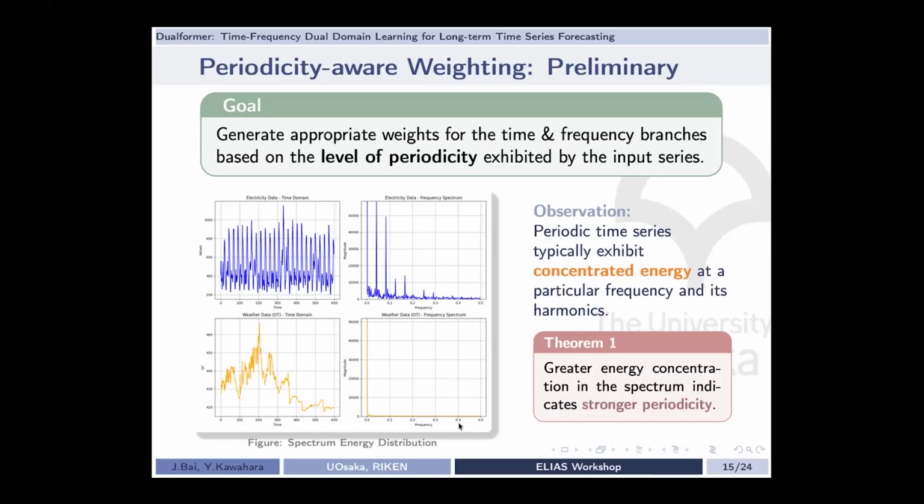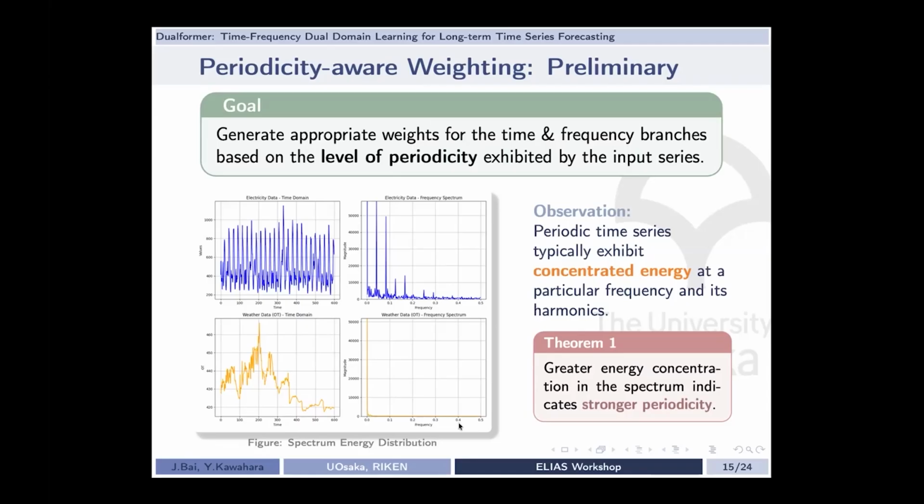Here is an interesting observation: given a time series in the time domain and its spectrum energy distribution, we can observe that a periodic time series typically exhibits concentrated energy at a particular frequency and its harmonics.